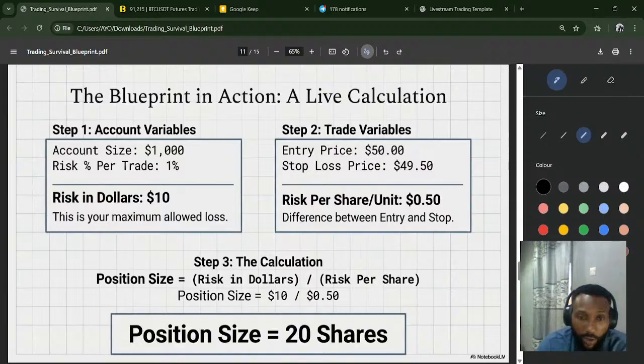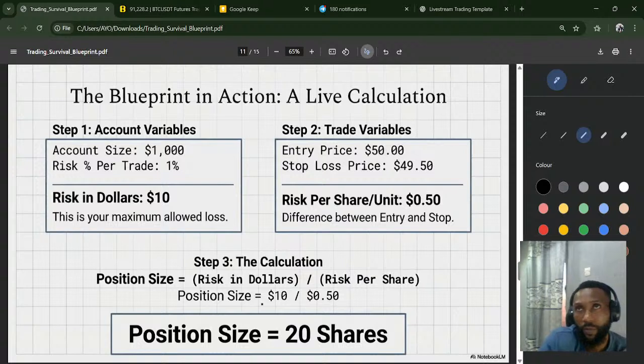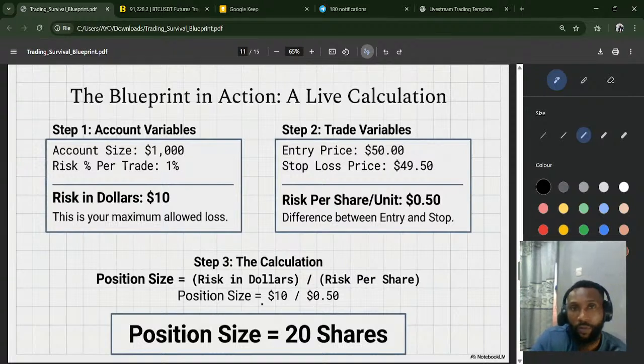So step three, the calculation, position size. Your position size, what you now put in, is risk in dollars, which is $10, divided by 0.50.